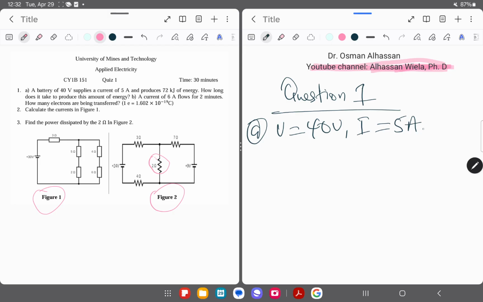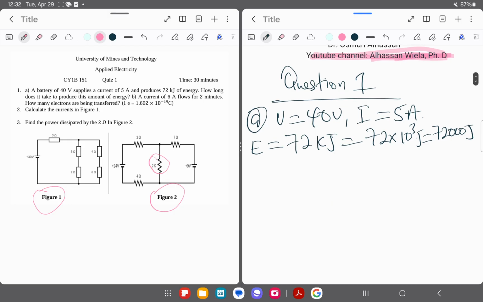Then energy, which is equal to 72 kilojoules, which is the same as 72 times 10 to the power 3 joules, which is equal to 72,000 joules. So we have 72,000 joules of energy produced. Now we are asked to find the time it takes to produce this amount of energy.